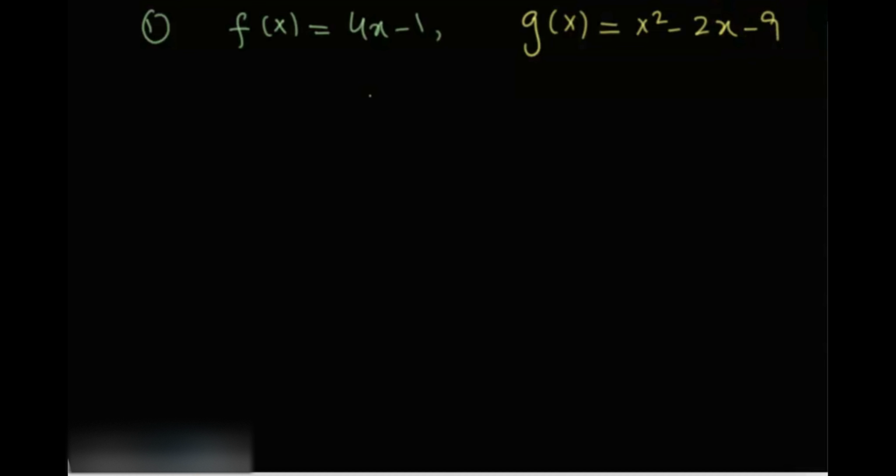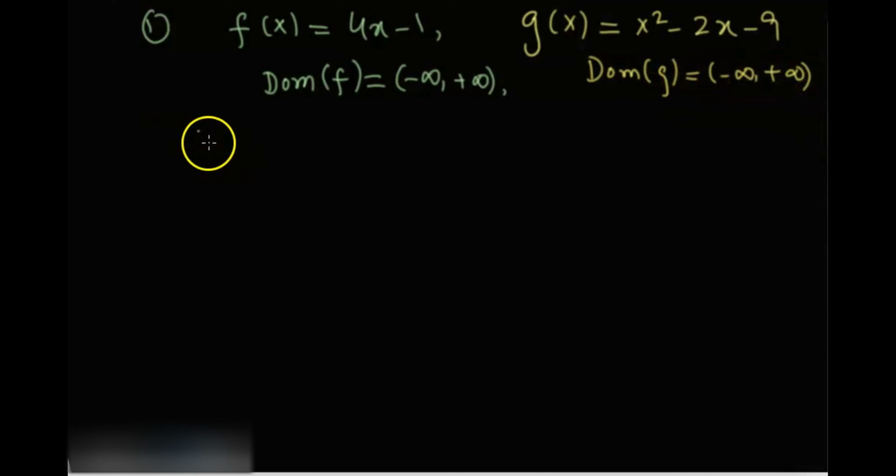So I want to define f minus g, but before I get to that, let's note down some things, like the domain of f is equal to all real numbers, and the domain of g is also all real numbers.